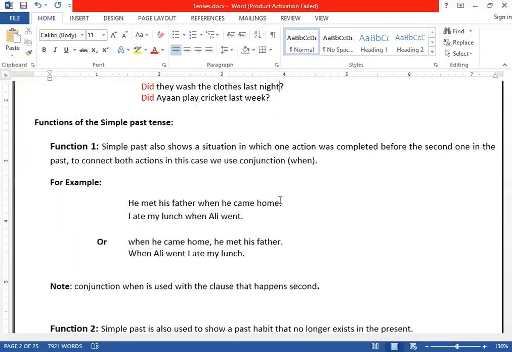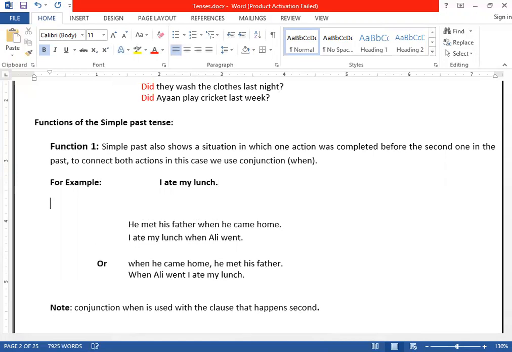Two actions. For example, you want to say, I ate my lunch. This is one action in a situation. The second action I have here is, when I came home. There are two. Clear?